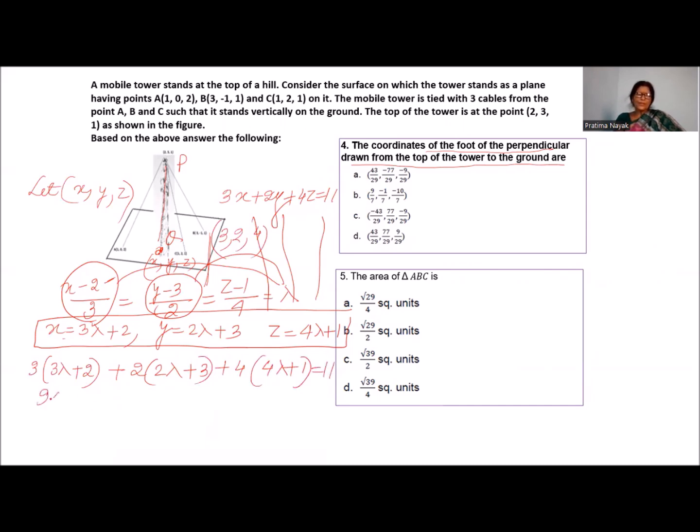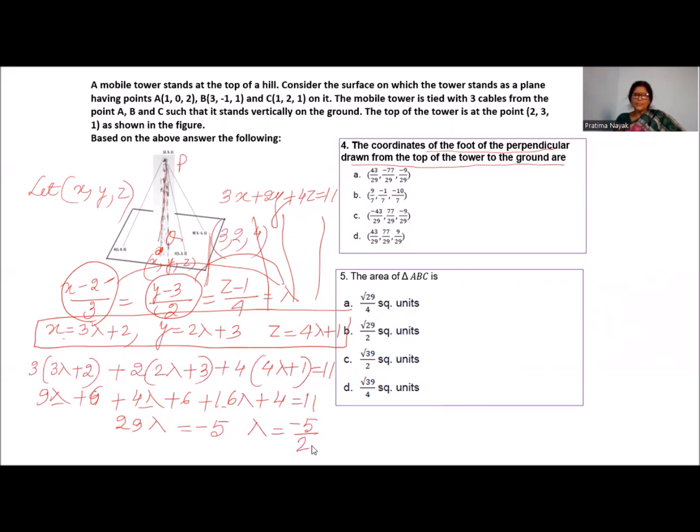So it will be 9 lambda plus 6 plus 4 lambda plus 6 plus 16 lambda plus 4 is equal to 11. So you will simplify: 9 plus 4, 13, 29 lambda, and it will be minus 5. So lambda will be minus 5 by 29.